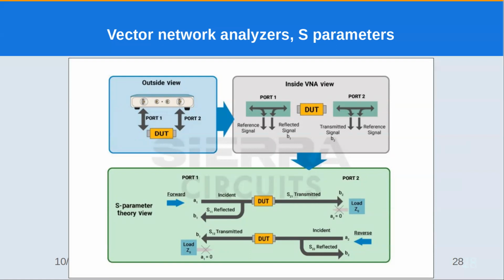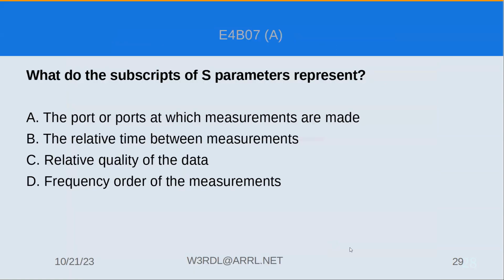And you normally use the 1-2 and the 2-1 for 2-port networks, like filters, bandpass filters, high pass, low pass, things like that, or tune circuits.